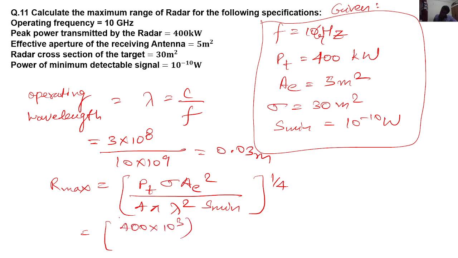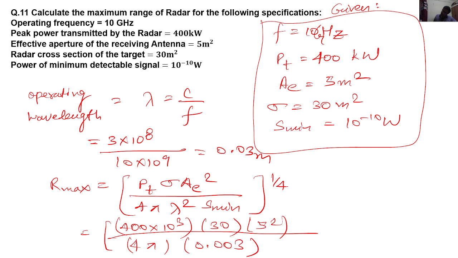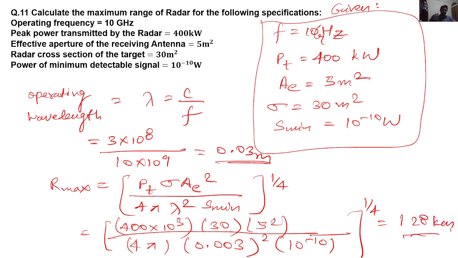That is 400 into 10 power 3 into 30 into 5 square, the aperture area, by 4 pi times 0.03 square times 10 power minus 10. So what do we get? The answer is 128 kilometers, the maximum range of this radar system.